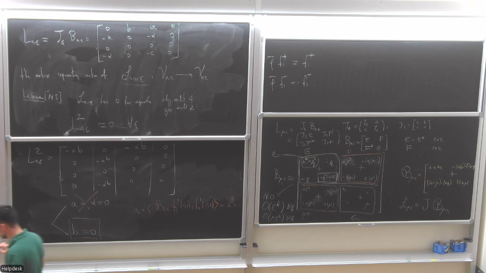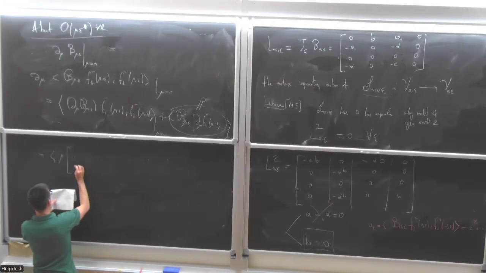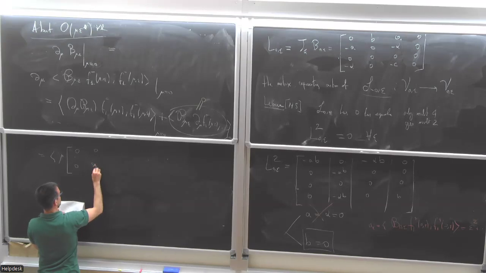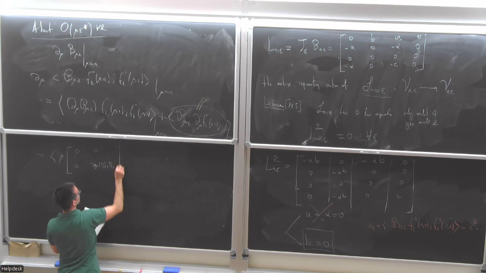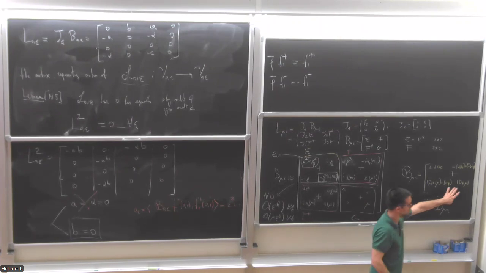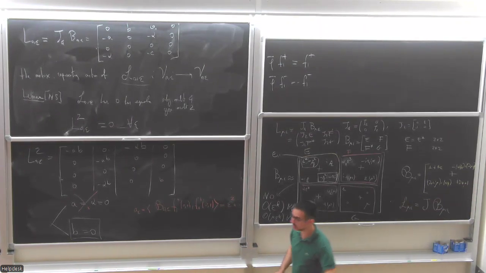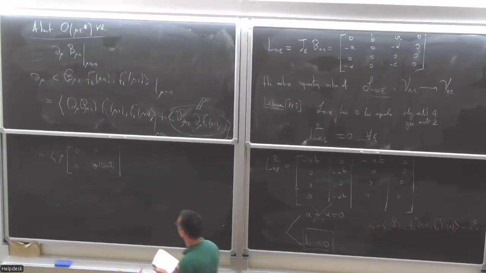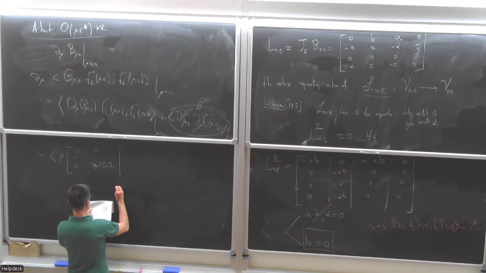Let me isolate one term of this, which is the most problematic one, which is 0, 0, 0, sine of d plus p0, which is where you take the derivative of this element. This is the problematic one, and all the rest you can show that they are 0.